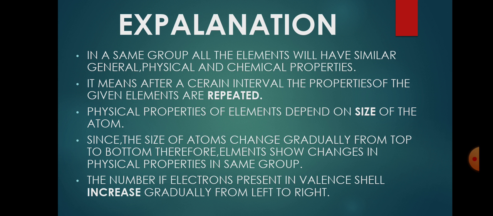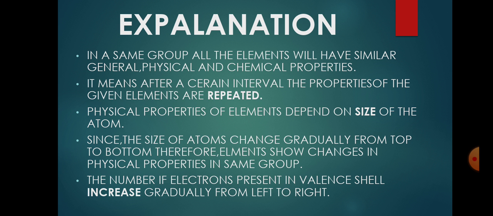So when we move from top to bottom, the atomic size increases. Why does the atomic size increase? Because the addition of the new shells increases.